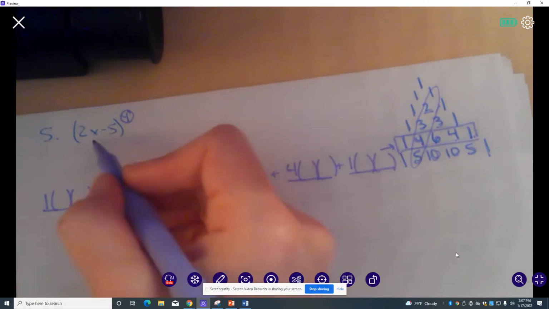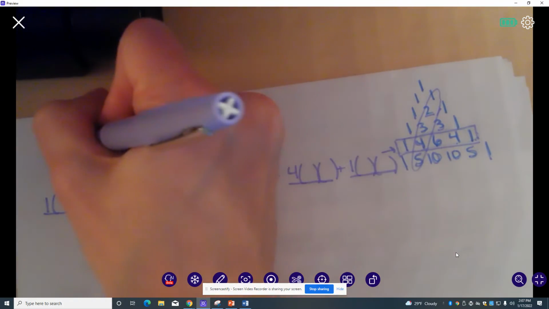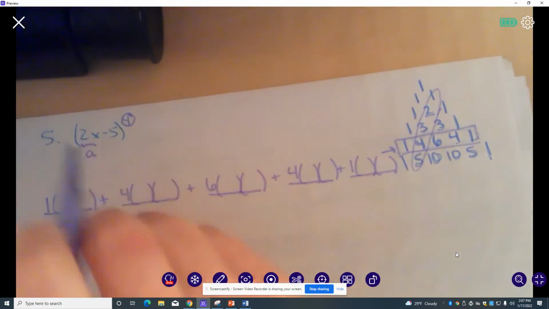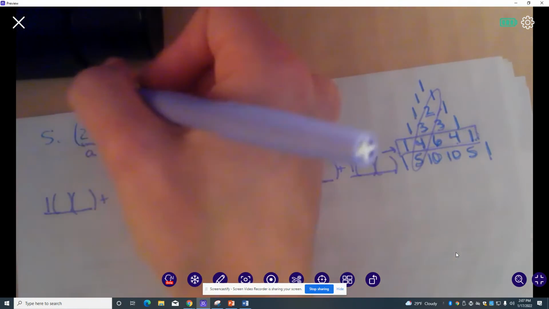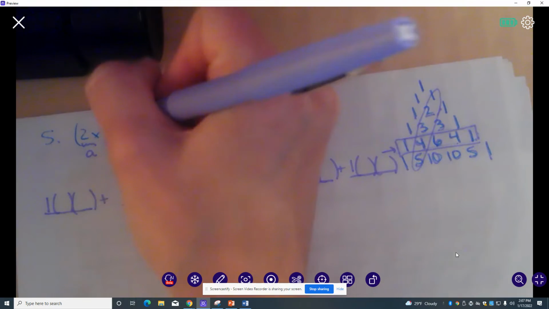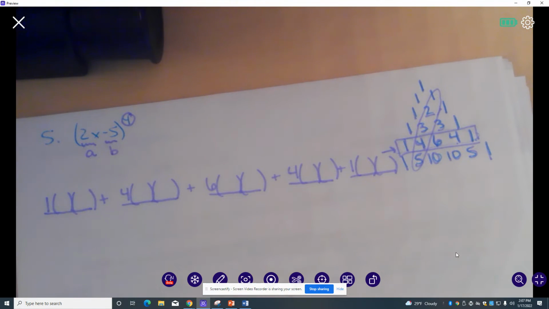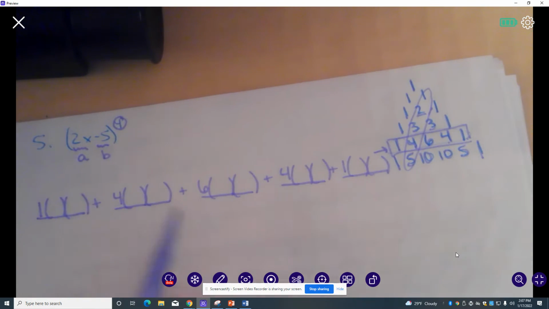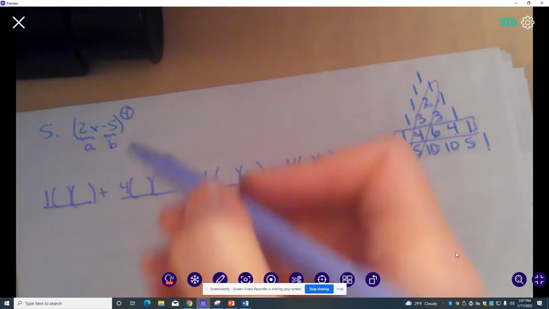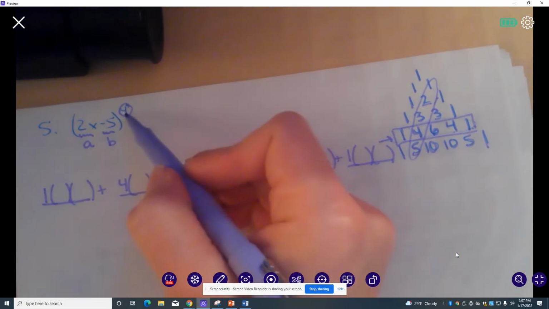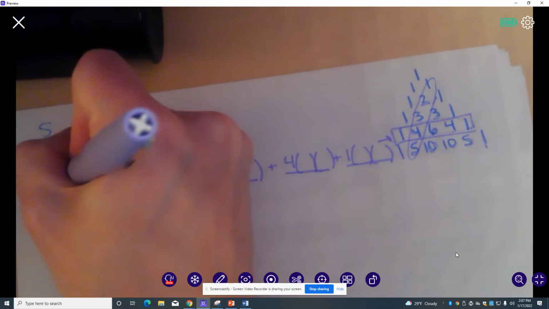Because remember, in my expression here, 2x is my A term. That's what's going to go in the first set of parentheses on each blank. And then minus 5, negative 5, that's my B term. That will go in the second set of parentheses. And so now I'm going to go ahead and do the exponents. So 4 is the highest exponent here.